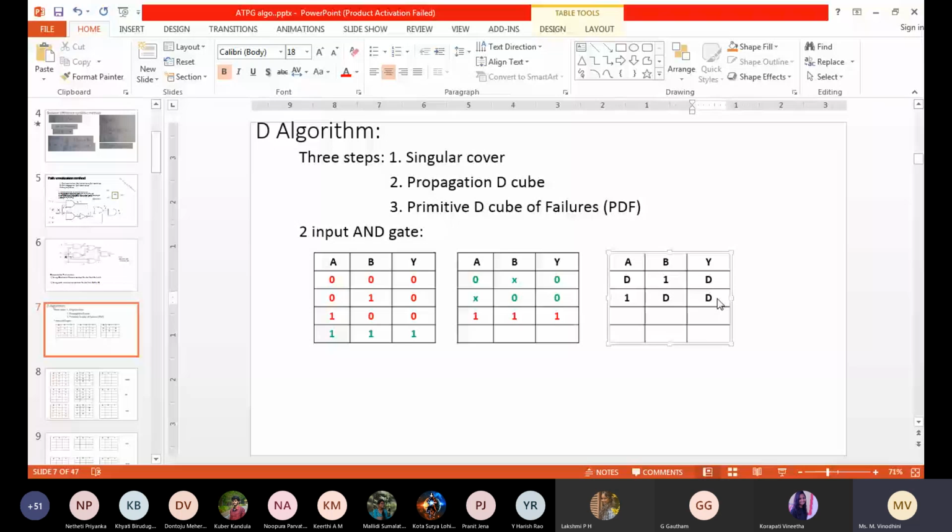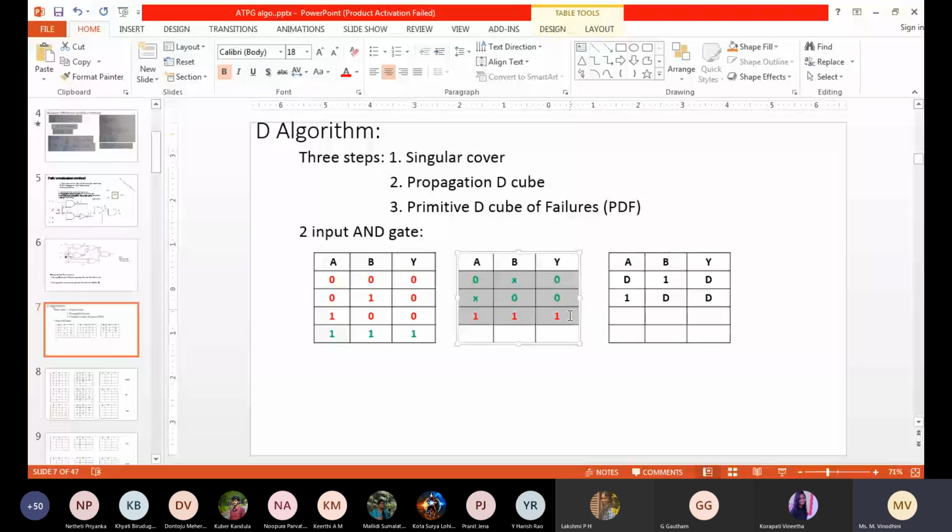Any doubt in this? Ma'am, can you repeat? These values, whatever I have here, let me split into 2 groups again with respect to the output only. These 2 combinations have output 0, so I can take them as one group, and this combination has output 1, so this as one group.